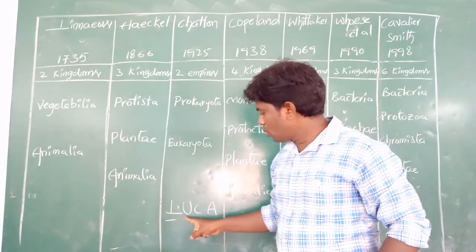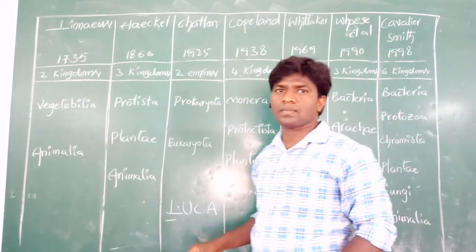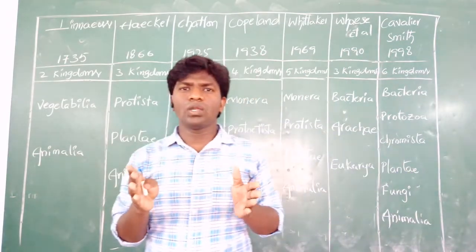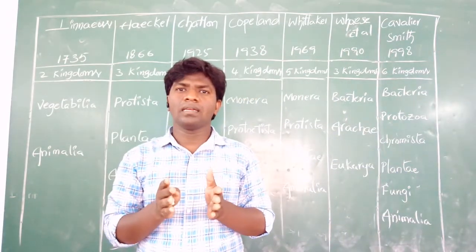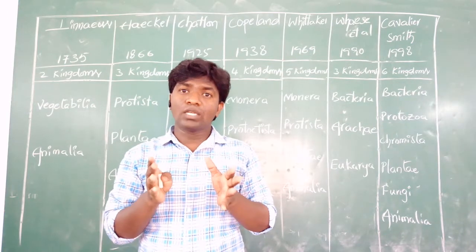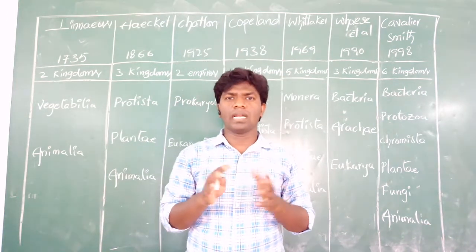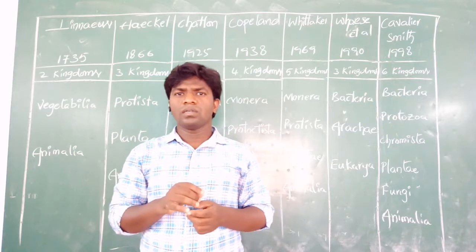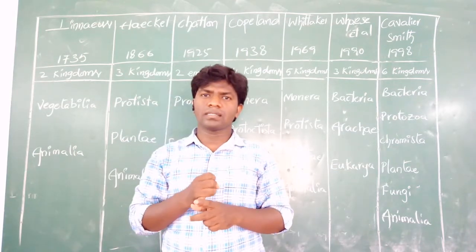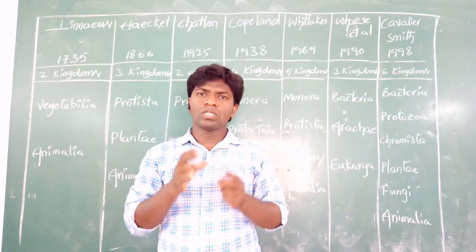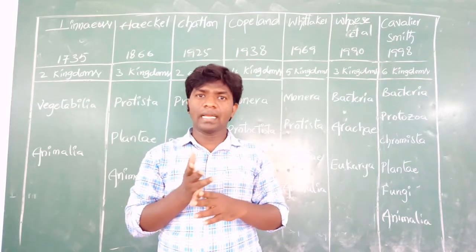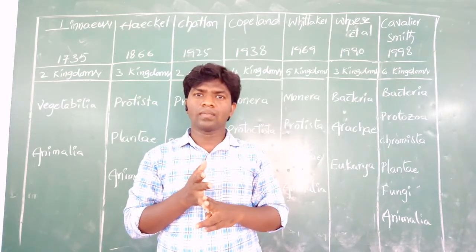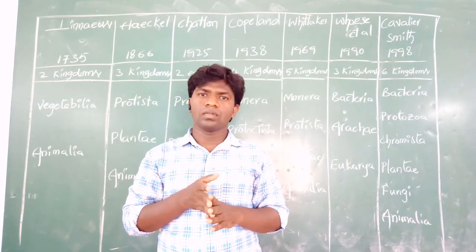Last universal common ancestor. So this LUCA eventually evolved into three different cell types, each representing a domain. The three domains are the archaea, the bacteria, and the eukarya.